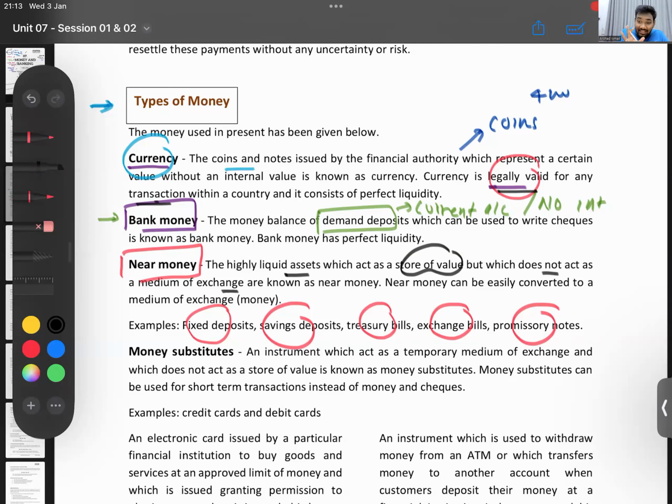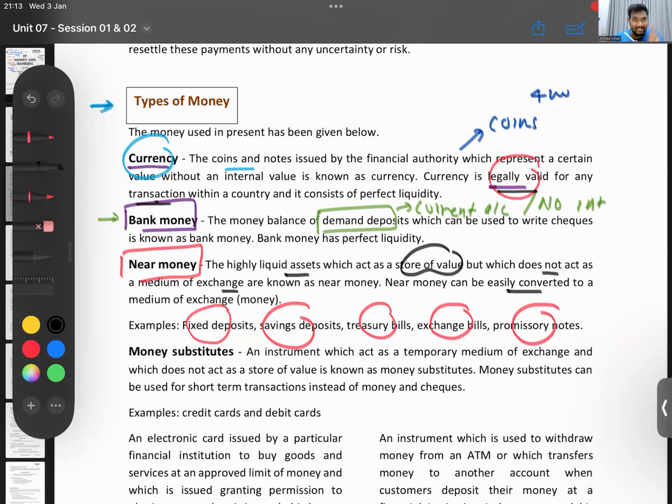So near money doesn't act as a medium of exchange, but it acts as a store of value. You can save money and keep it in your fixed deposit. That is near money, which can easily be converted to cash.